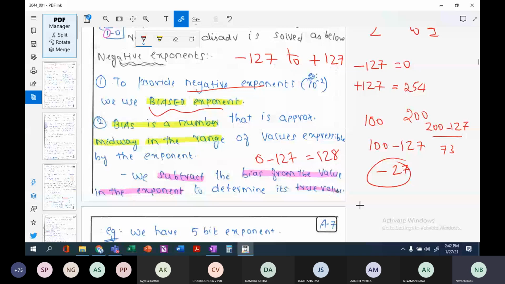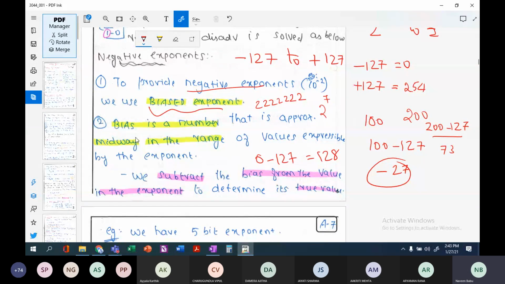So it is 2 power how much? 2, 4, 8, 16, 32, 64, and 128. 1, 2, 3, 4, 5, 6, 7. Yes, 2 power 7 corresponds to 128.